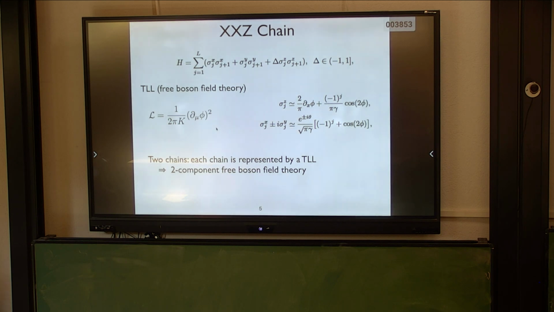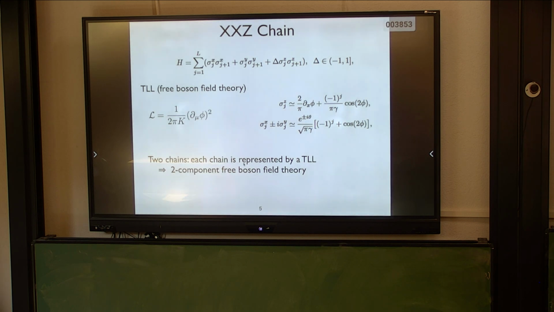So the initial state before the measurement is simple like that. Each chain has a corresponding boson field, phi 1 and phi 2. The ground state can be regarded as the vacuum for this free boson field theory. So we have a two-component free boson field theory.